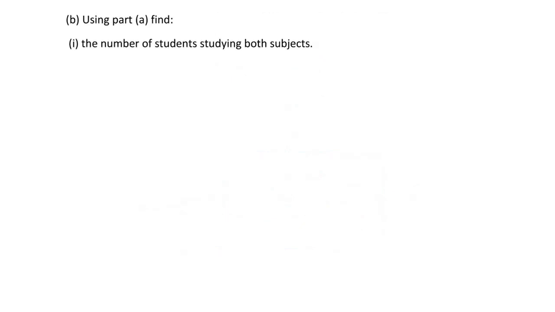Part B of the question: using part A above, we are supposed to find the number of students studying both subjects. We know that students studying chemistry only plus students studying physics only plus students studying both subjects plus students studying neither of the subjects equals the total number of students.